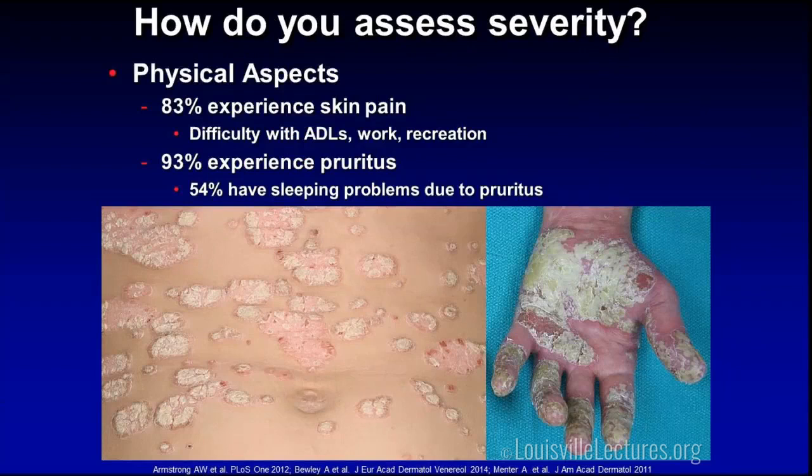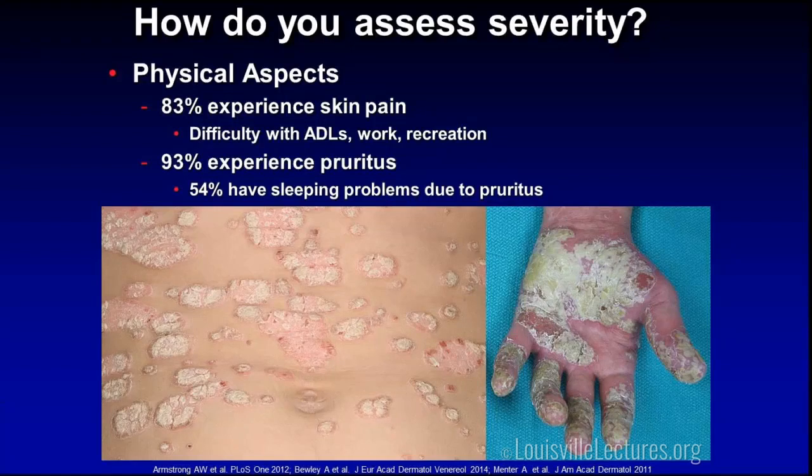With that in mind, it's also important to recognize that simply calculating body surface area alone is not enough to assess the full severity of the disease in any given individual patient. We also have to take into account other aspects of the disease.